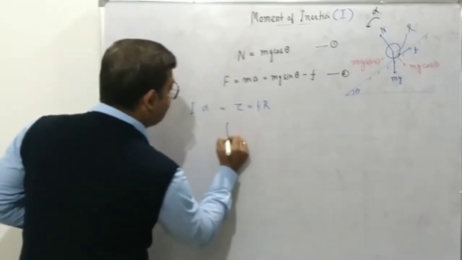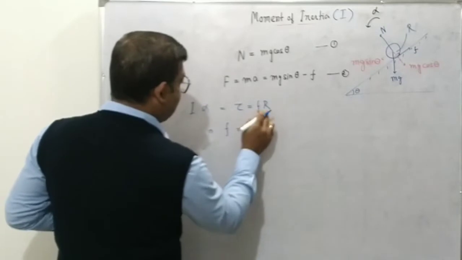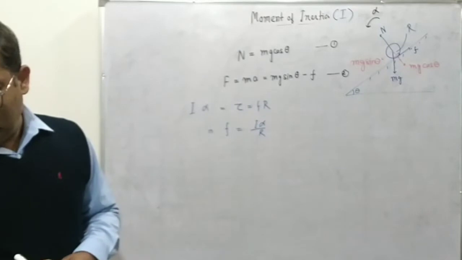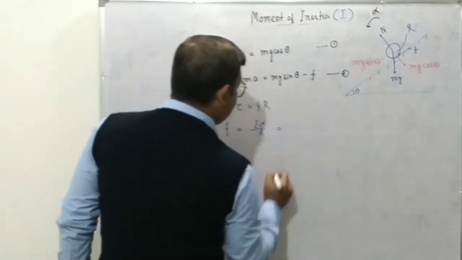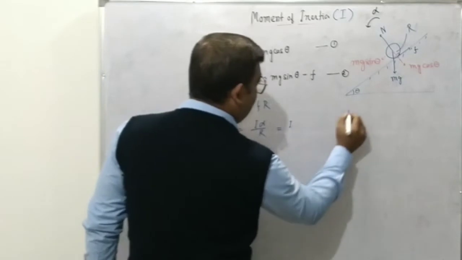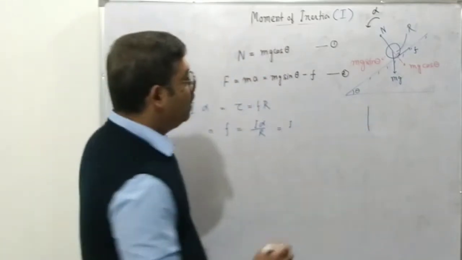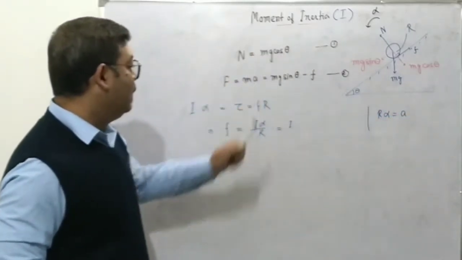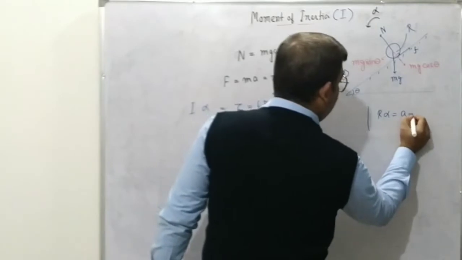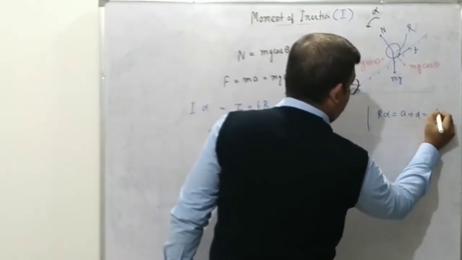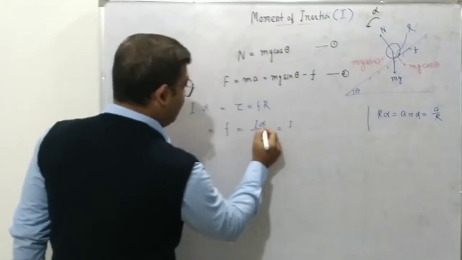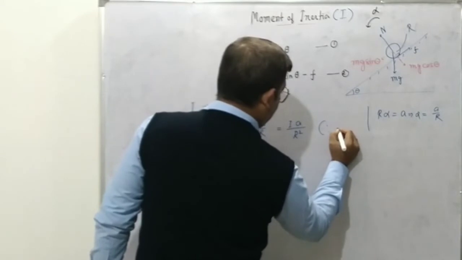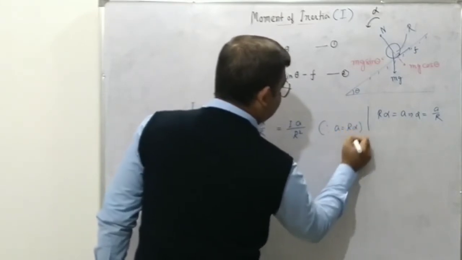From this equation, we can say the force of friction can be given as F equal to I alpha by R, which must be equal to I. Now we already know that for rotational motion, R into alpha will give us linear acceleration A, or we can say that alpha can be given by A by R. So if you substitute, this will be A by R square, since A is equal to R alpha.